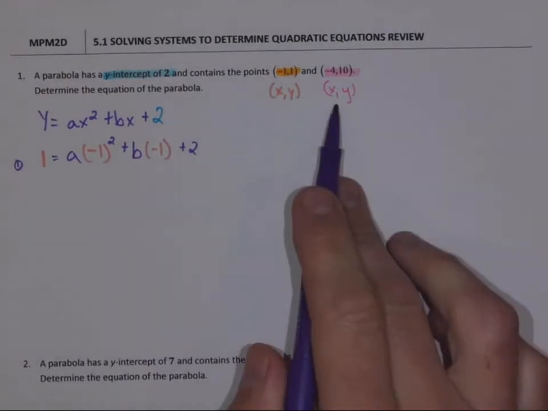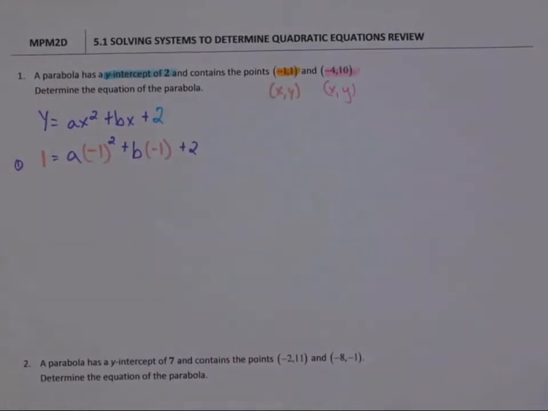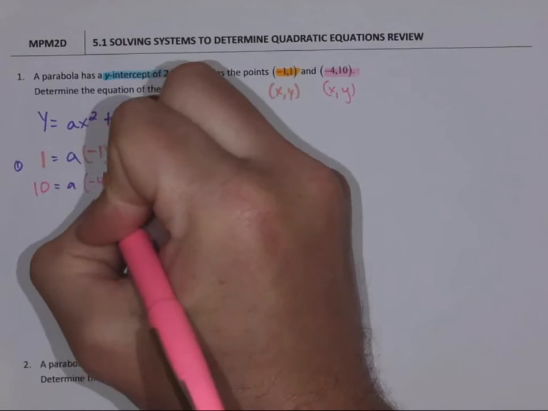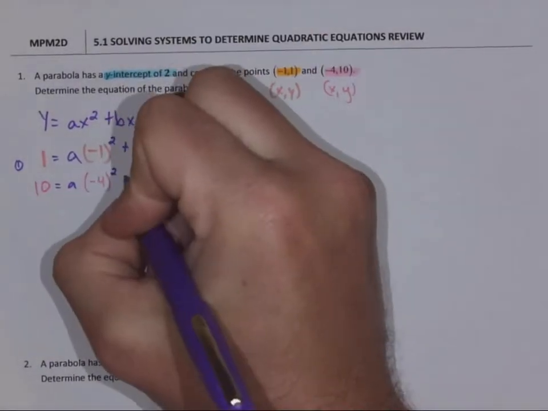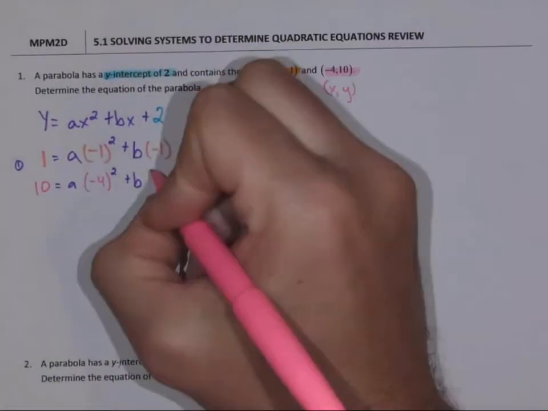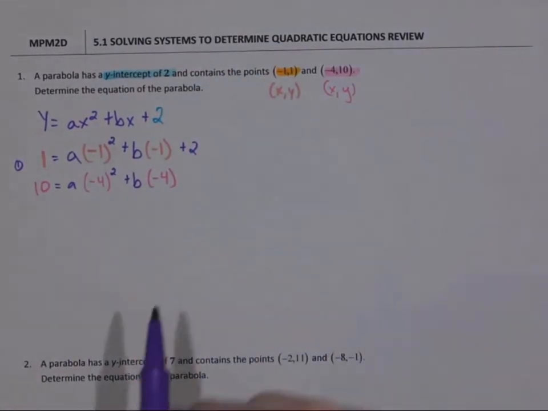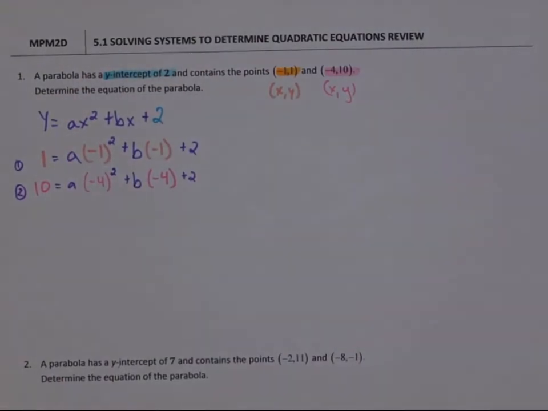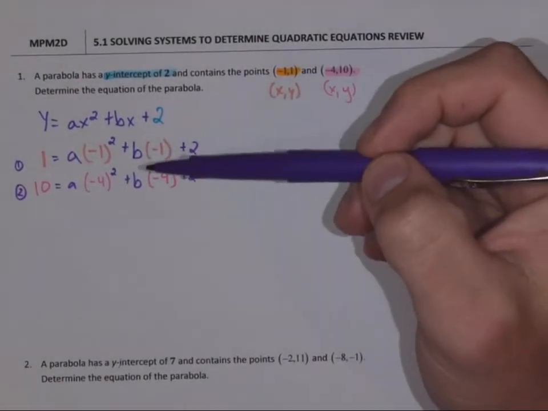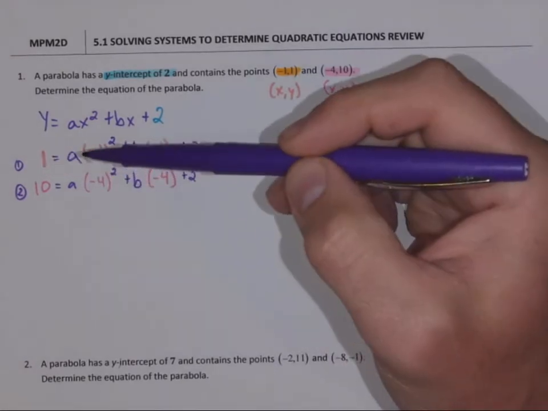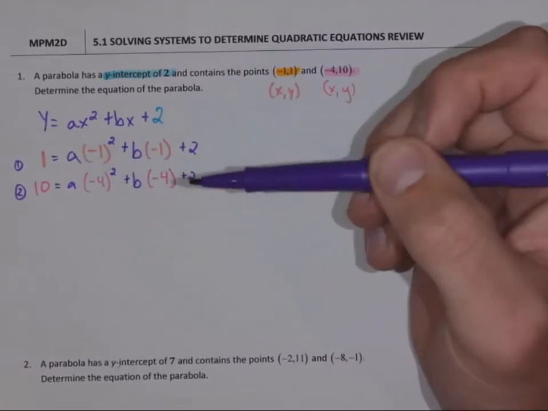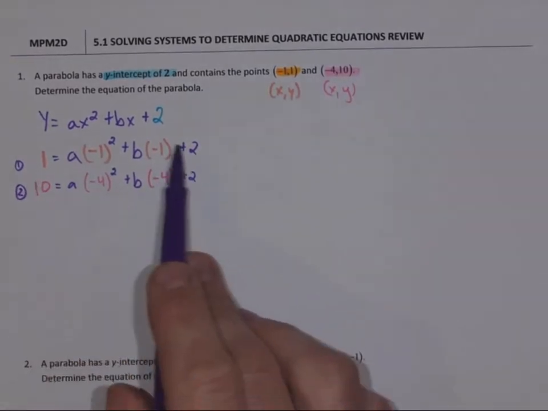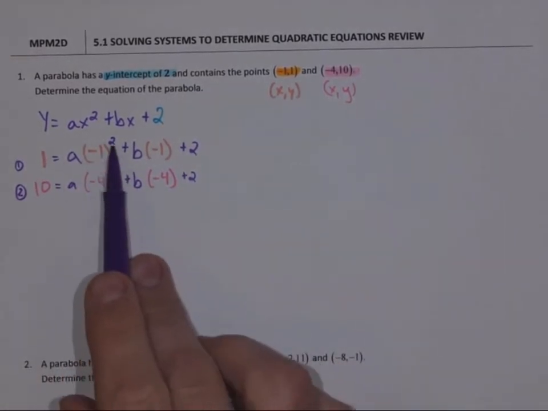We're going to do the same for -4 and 10. And there's our second equation. Now we have 2 equations with 2 variables, or 2 unknowns, b and a. So we can solve by substitution or elimination. These aren't very pretty, so let's clean them up a bit.